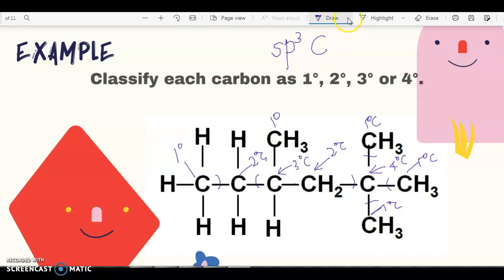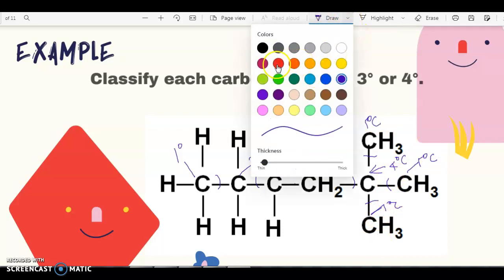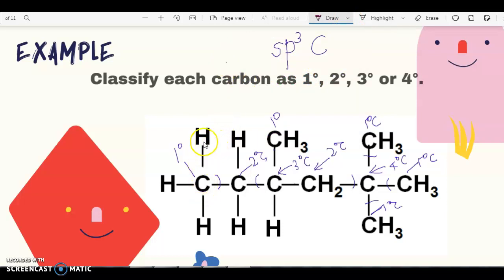Okay, so now we want to classify the hydrogens. If you want to classify the hydrogen as well, it depends on the class of the carbon. So these 3 hydrogens are primary hydrogens. The hydrogens on the second carbon, since they are bonded to a secondary carbon, are secondary hydrogens.